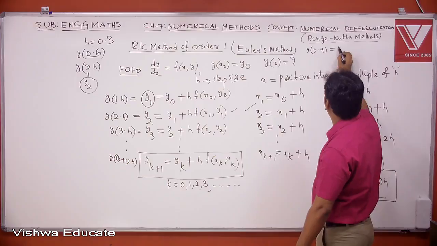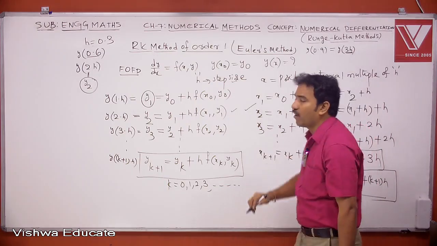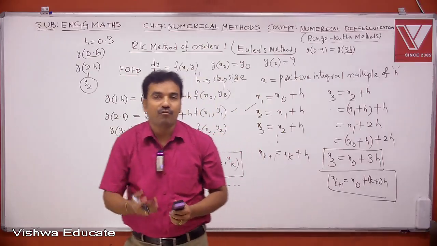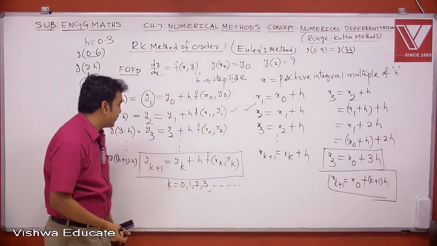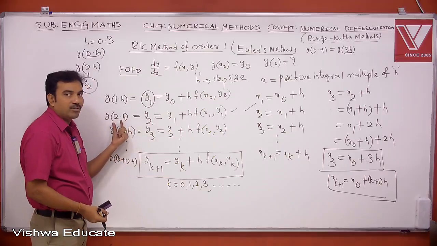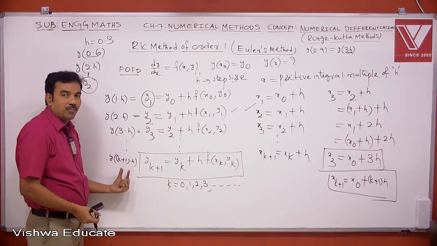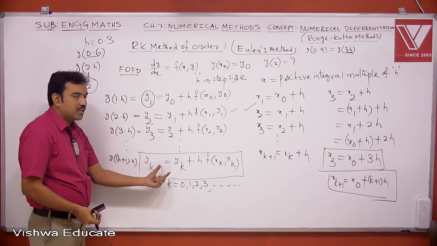Then express this 0.9 as a positive integral multiple of h. This is y of 3h. That means you need to find the value of y in the third iteration. So y3 is nothing but y of 3h, y2 is nothing but y of 2h. So always you need to write the x value as a positive integral multiple of h, and then you can proceed with these values.